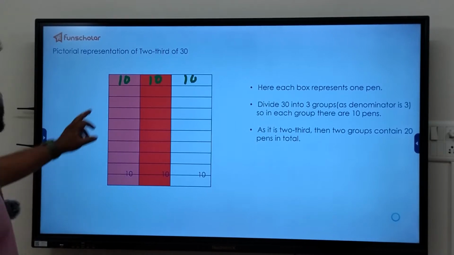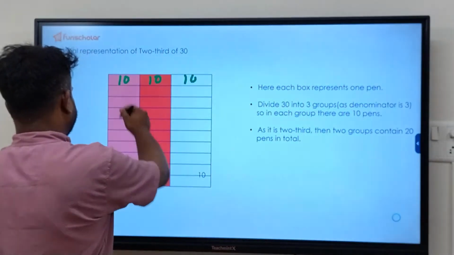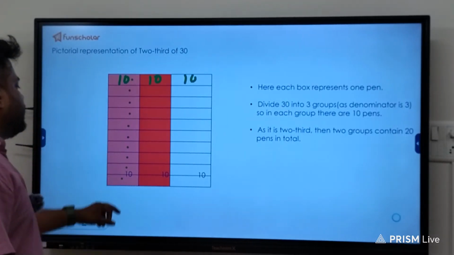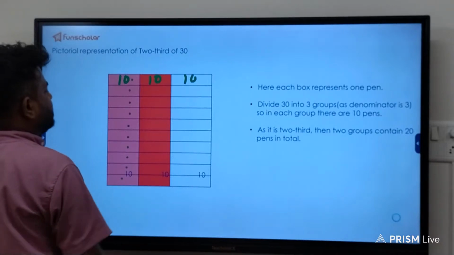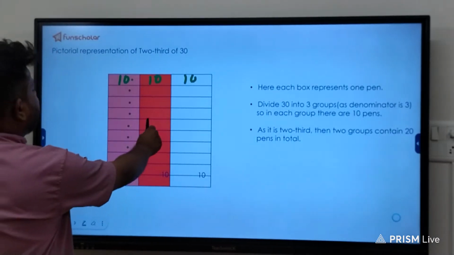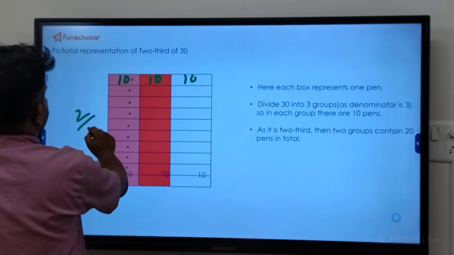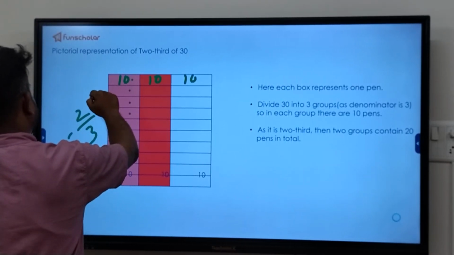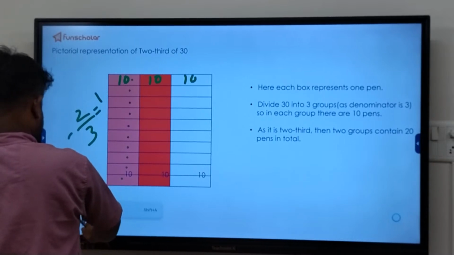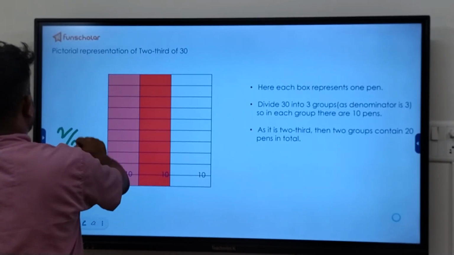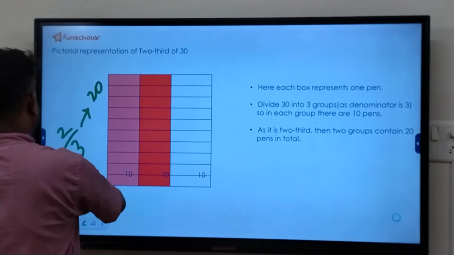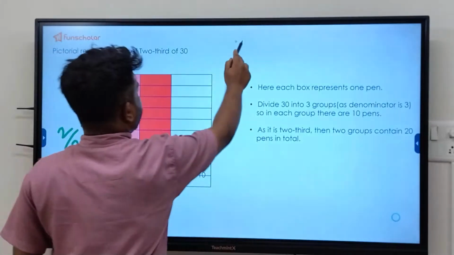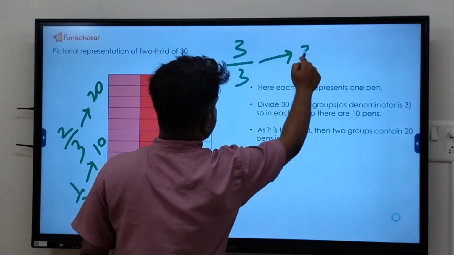Every group contains 10 pens: 1, 2, 3, 4, 5, 6, 7, 8, 9, 10 pens, so each one is 1. So this represents 2/3, that means 20 pens. 2/3 represents 20, 1/3 represents 10, and 3/3 represents 30.